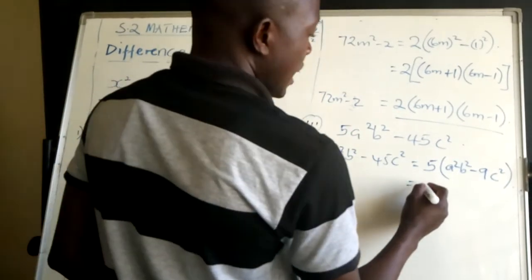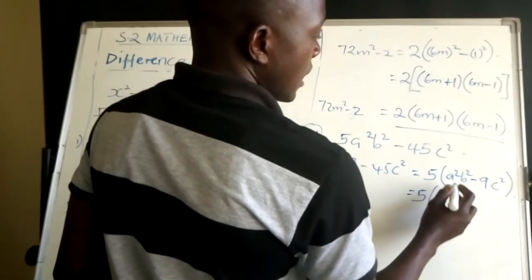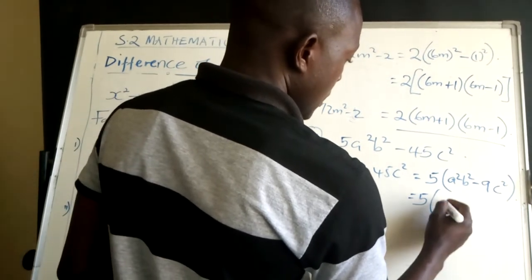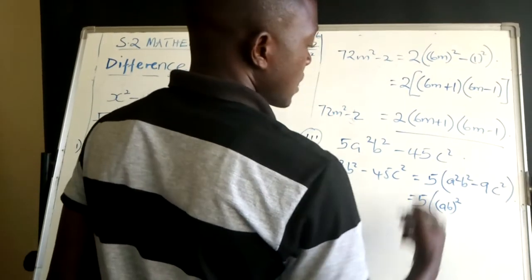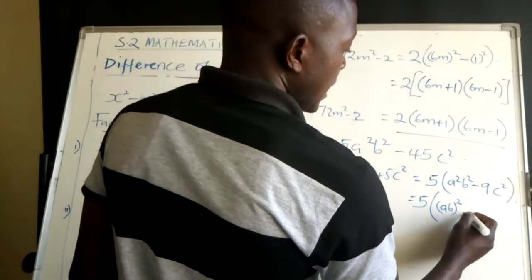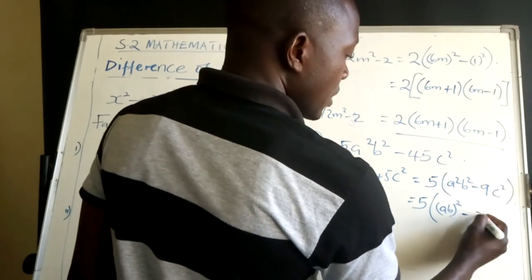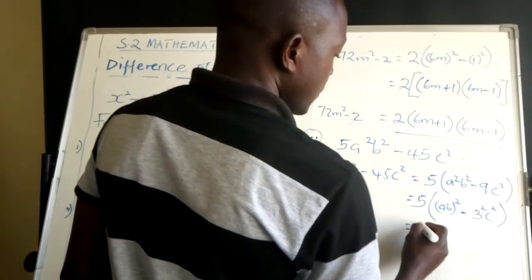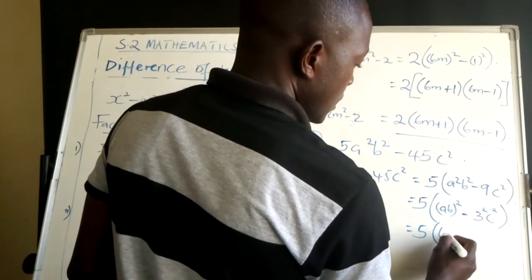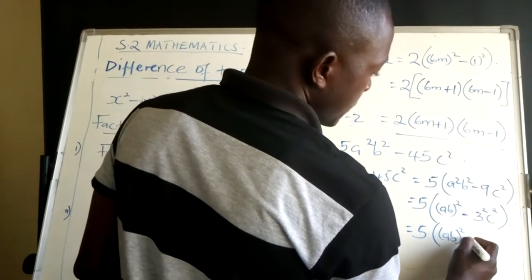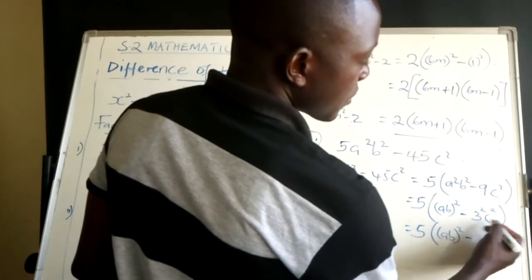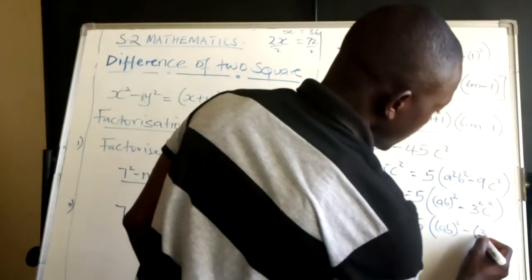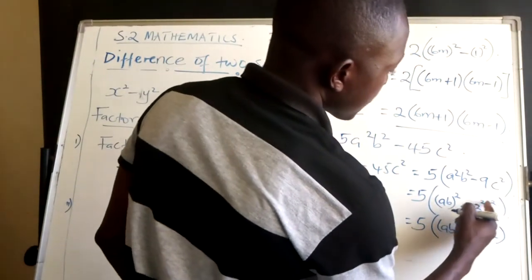And furthermore, this becomes 5 into a squared b squared. I can just write it as ab, everything squared, from what we have seen in the previous example. Then minus 9 can be written as 3 squared c squared, and this is 5 into ab squared minus this, this can also be written as 3c, because both of them are having squares.